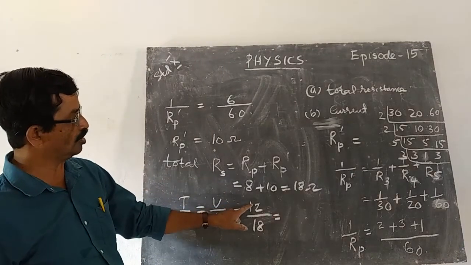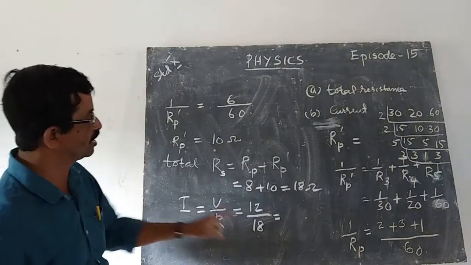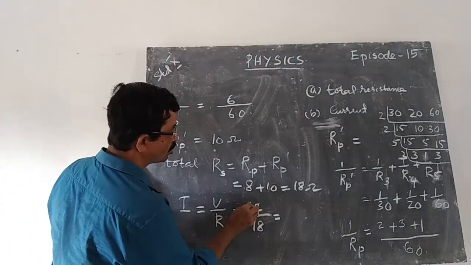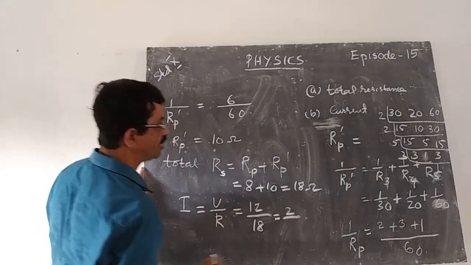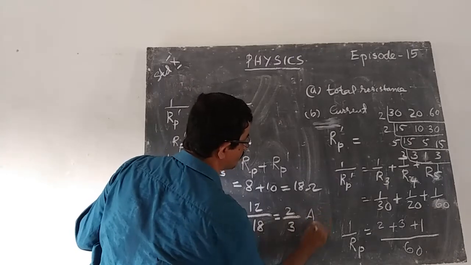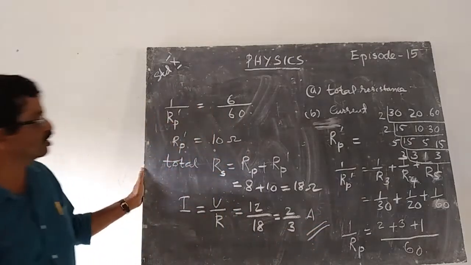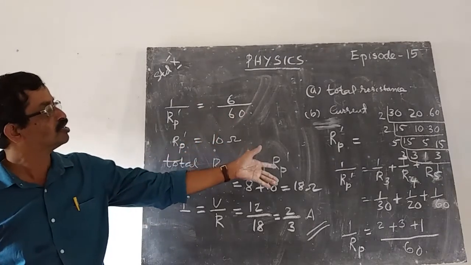That is 12 by 18, here 2 times 6, here 3 times 6. Here 2 times 6 is 12, here 3 times 6 is 18. That means 2 by 3 ampere. This is the current through the circuit.